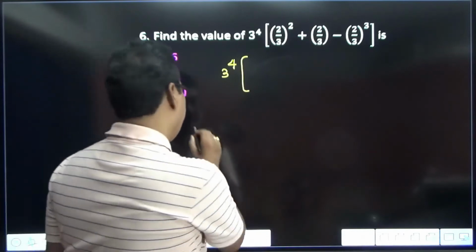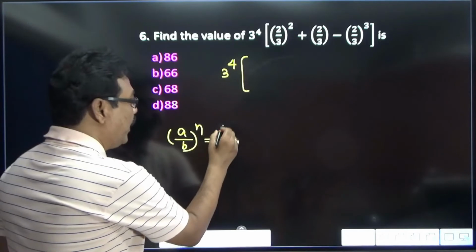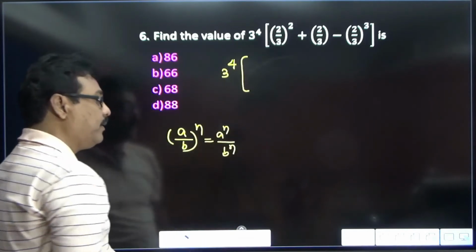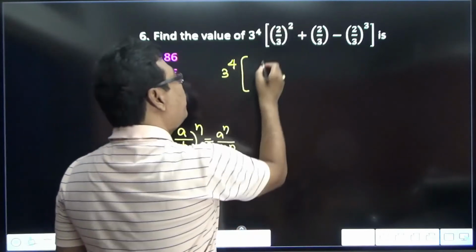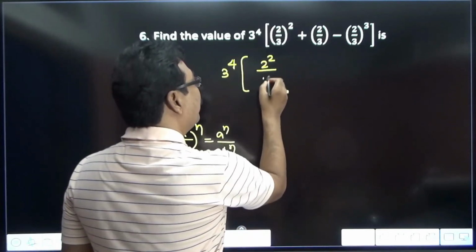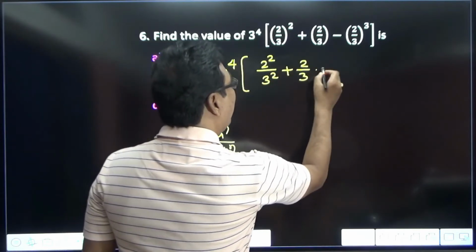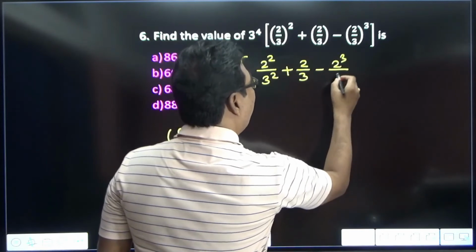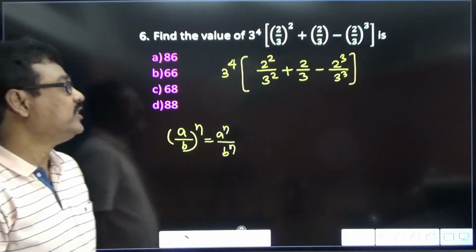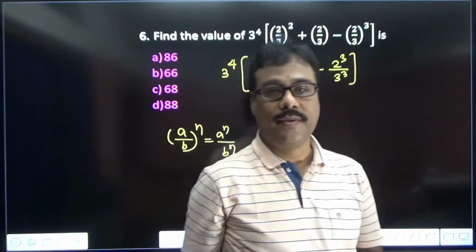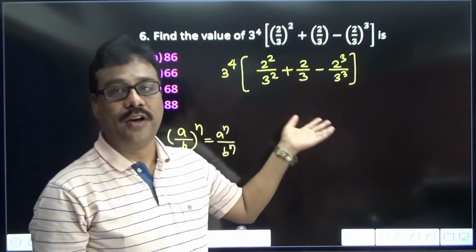Something like this. (a/b) to the power n must be equal to a to the power n by b to the power n. If I use this formula, what will I get here? This will be 2 square divided by 3 square, plus 2 by 3, minus 2 cube by 3 cube. Now, let us use the distributive law and multiply this.